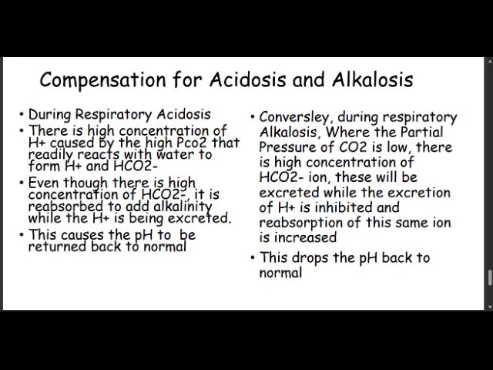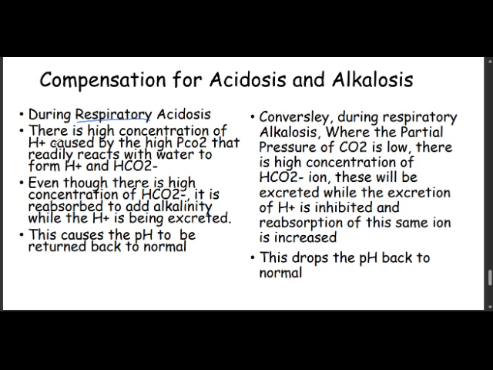Renal compensation in acidosis and alkalosis. So during respiratory acidosis, that means the partial pressure of CO2 is high. So if you have a high CO2 partial pressure, that is going to cause a lot of acid buildup.